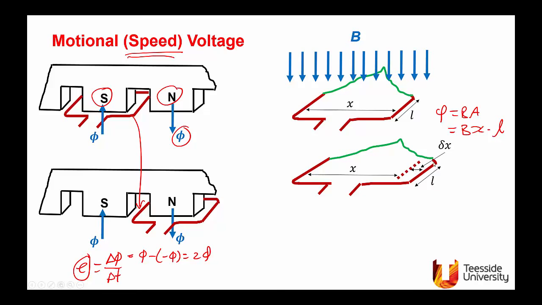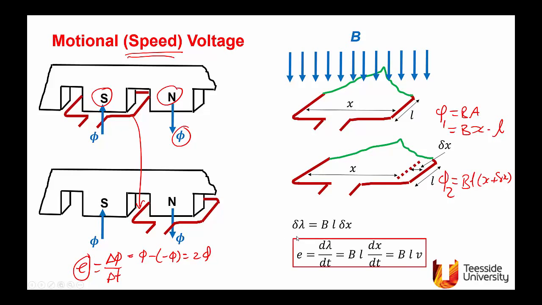It's moved delta X, so the flux now, in this position, will be BL multiplied by X plus delta X. The change of flux between position 1 and position 2 will give you our flux linkage change, delta lambda, equals BL delta X, and we find E as d lambda by dt.